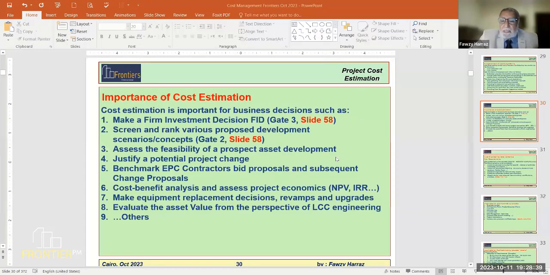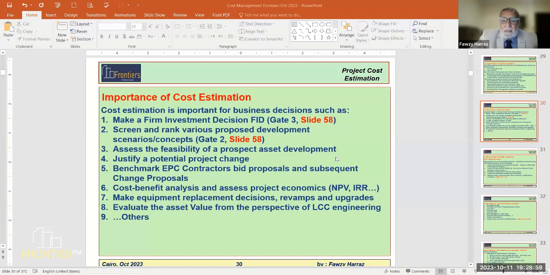So in all these stages, there will be questions of how much this costs, how much the total life cycle cost is, and the overall economics of this. So these are key areas where cost estimation plays a key role in making various decisions.